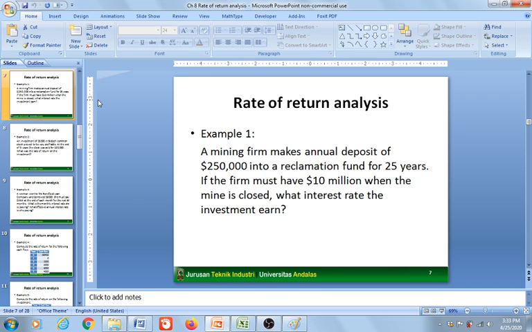If that company must have $10 million when the mine is closed, what is the interest rate the investment earned? So basically, this problem is asking for the rate of return. Let's see what we have in this example. A mining company makes an annual deposit of $250,000 into a reclamation fund for 25 years.